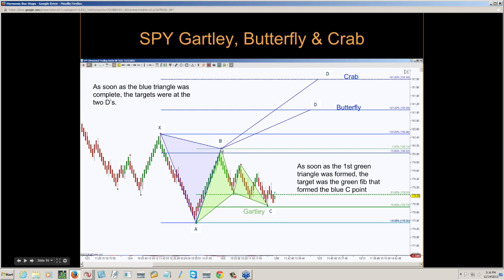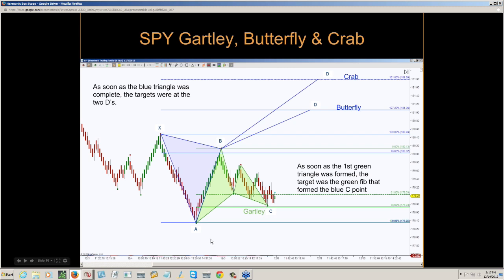And it did not take out the upper part of the green triangle. So this tells me this is an ABCD going on or a Gartley. I know that because it's a 61.8% retracement of the XA leg. Now I did not write in XABCD for the green pattern because I wanted this to be very simple for the eyes if you just look at it that way.